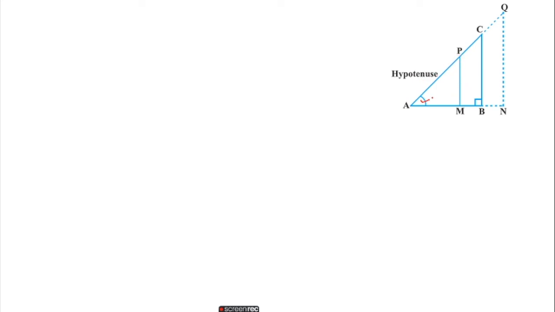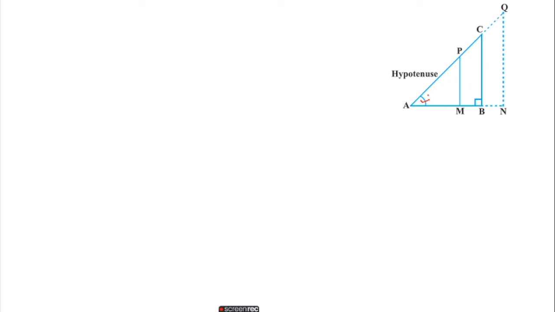So sin A is equal to PM divided by AP, or it is equal to CB divided by AC also, or it is equal to QN divided by AQ.